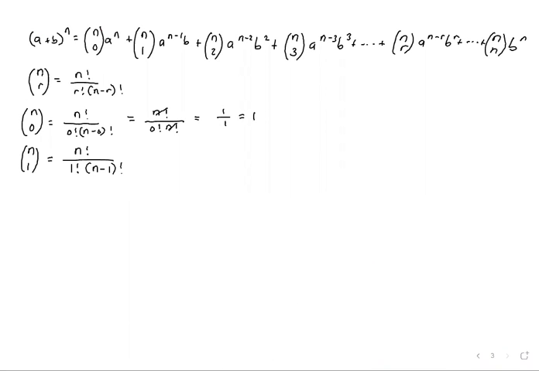So since n factorial is defined as n times n minus 1, n minus 2, going all the way down, we start doing that, n, n minus 1, and keep going. But in the denominator, we have n minus 1 factorial.